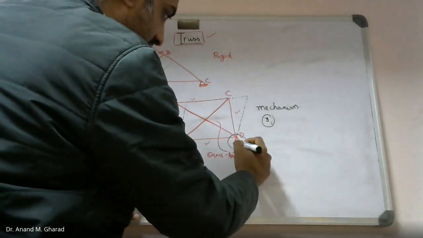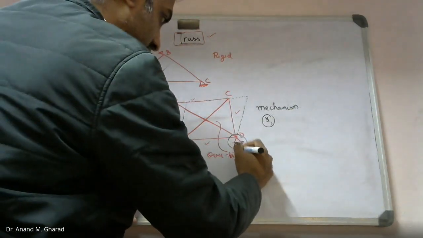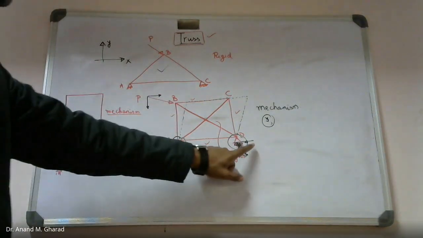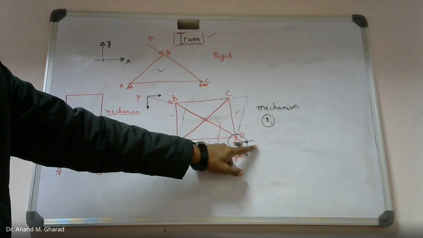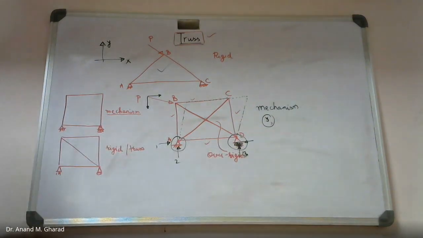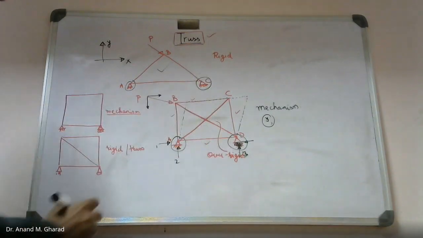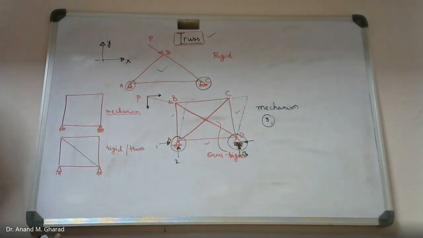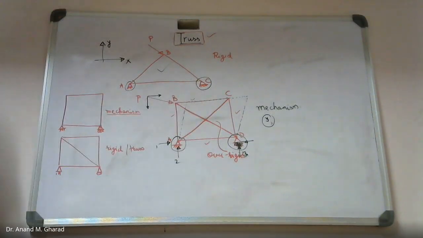Had both been hinges, you would have observed 4 unknown reactions, so an additional or redundant force would come into the picture. That we want to avoid. Therefore, most of the time you will see that trusses have one hinge and one roller support in order to make the structure determinate, so that the reactions developed at these supports can be easily evaluated.